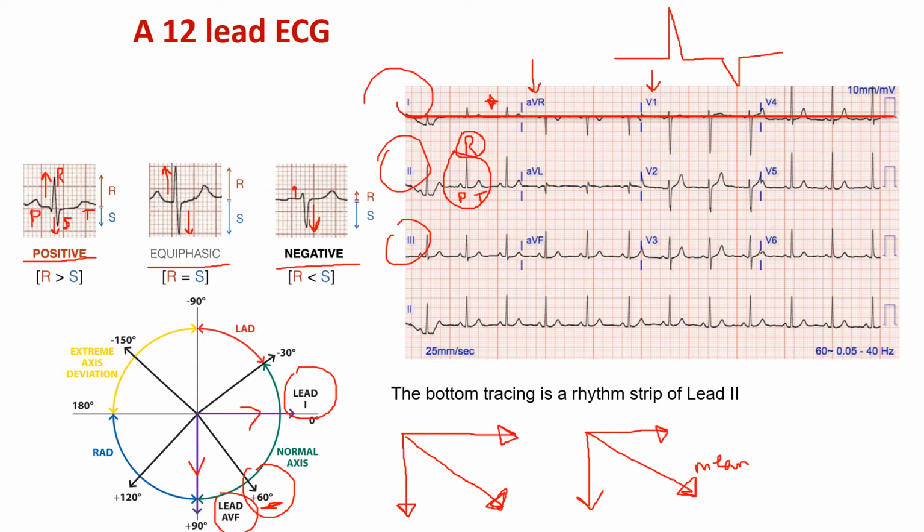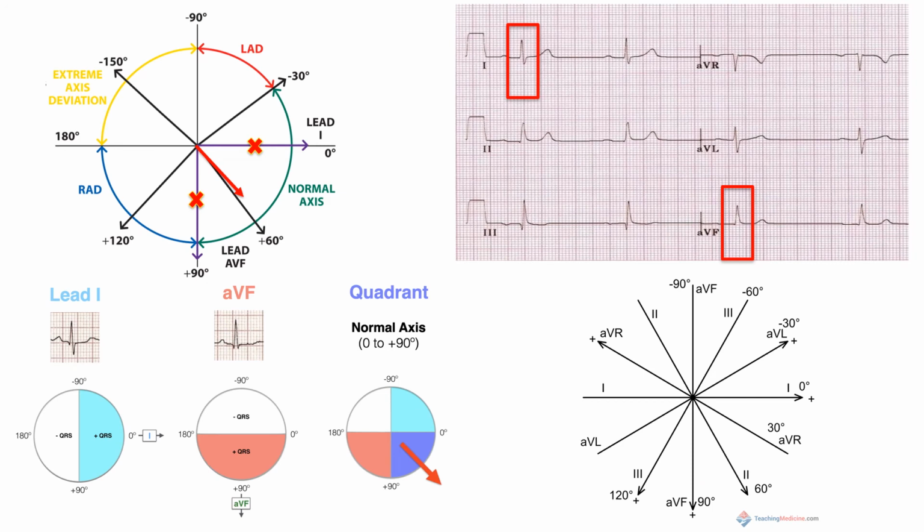Now there are many ways of figuring out your mean electrical axis. One way is we take a look at lead number 1 and lead AVF. Those are the two leads that you can view. You can also view other leads, but we'll discuss viewing lead 1 and AVF. Let's take a look at a few examples together to figure out the mean electrical axis if you are given an ECG strip.